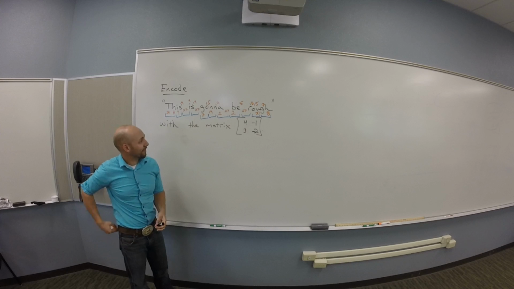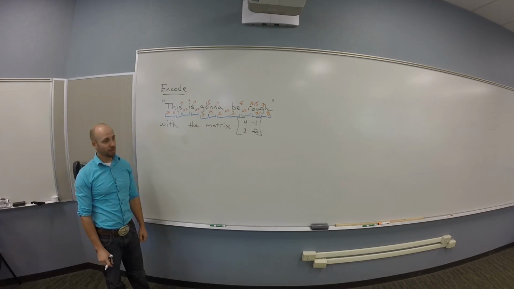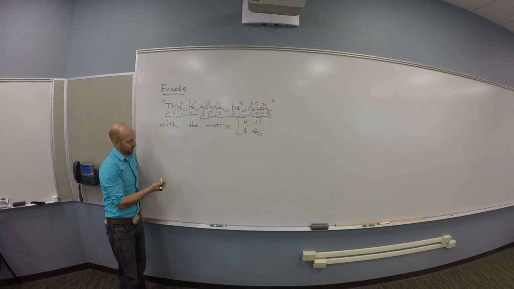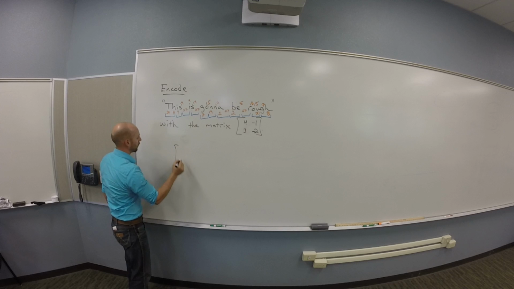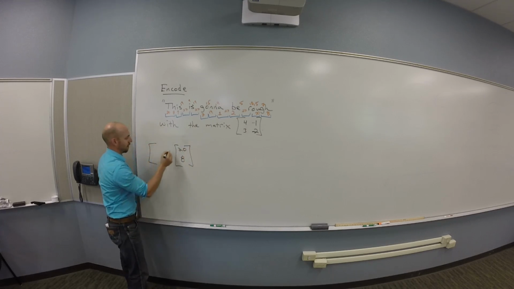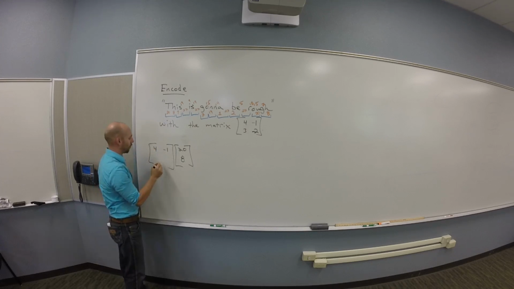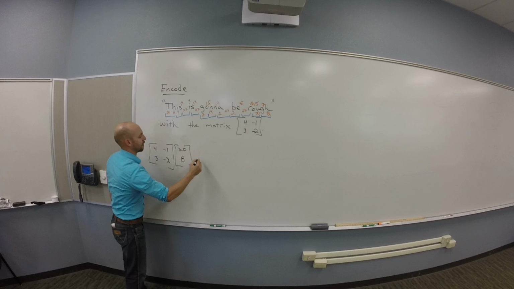Okay, so let me encode my first block. What's my first block I want to encode? 20 and 8. So I take my 20 and 8, and I want to encode this with my matrix 4, -1, 3, -2.